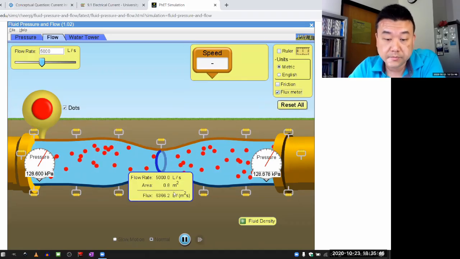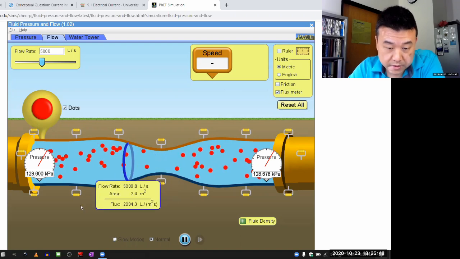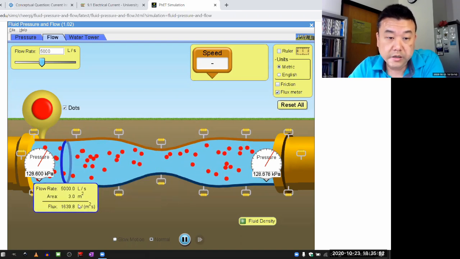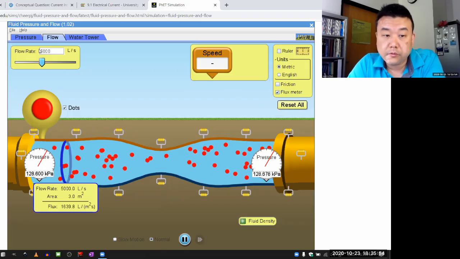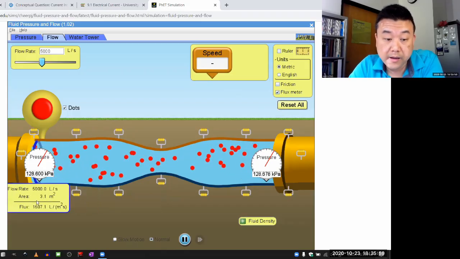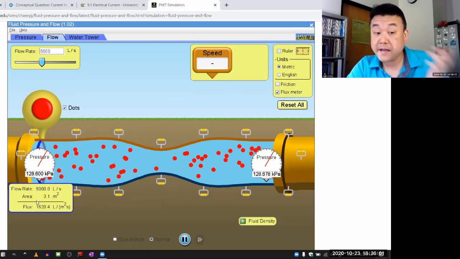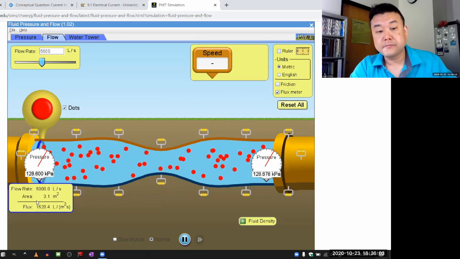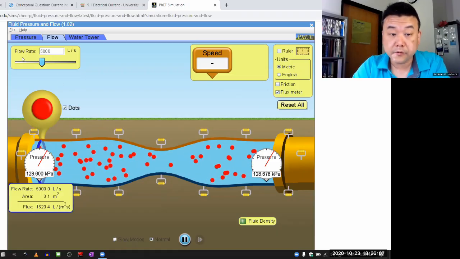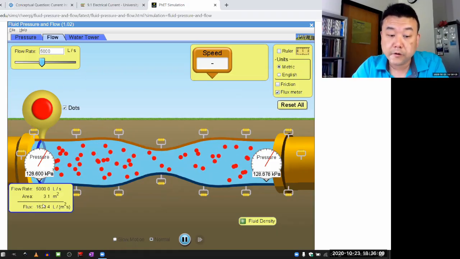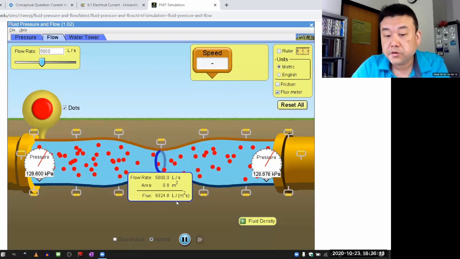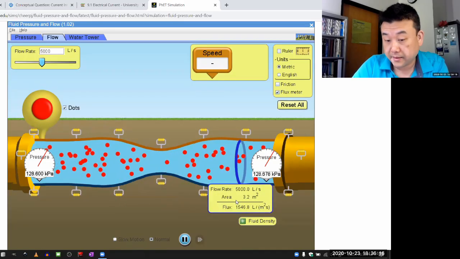So when I have the flux meter, as I move this flux meter around, this simulation is set up so that flow rate is fixed here, and I can describe it as flow rate being fixed at the entrance end. Then by the property of the water, this flow rate has to be the flow rate through any particular cross section throughout this entire length.